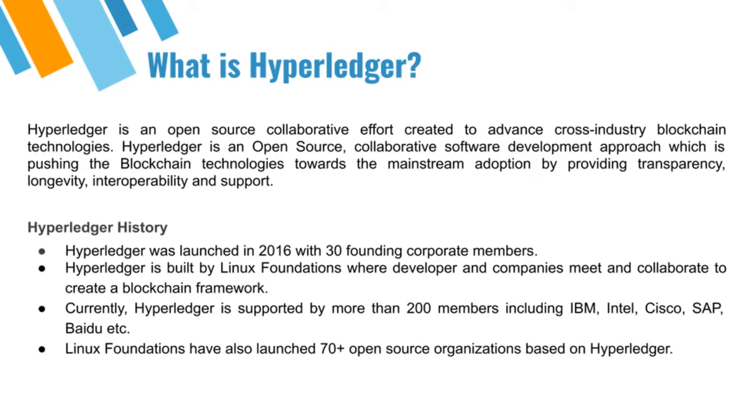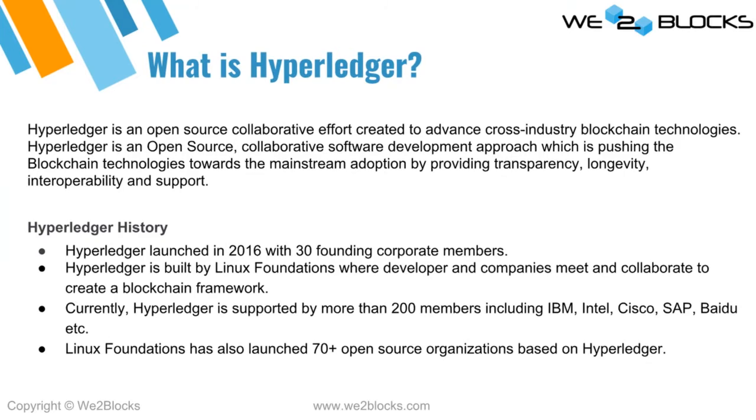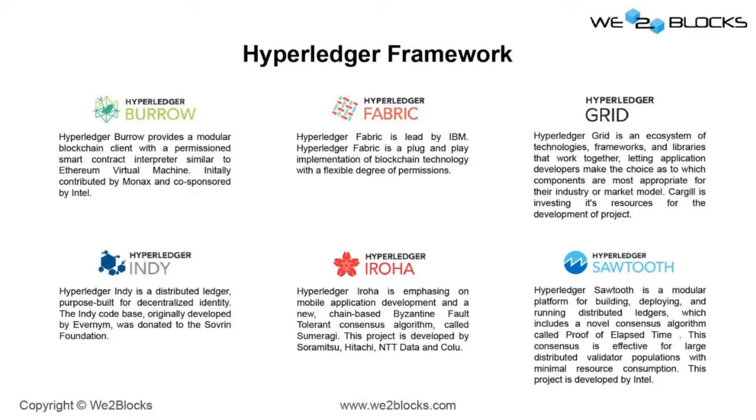Currently, the Linux Foundation has also launched 70 plus open source organizations based on Hyperledger. They are continuously growing and keep on increasing the different suites and projects which they can bring to the table. The Hyperledger suite is divided into two subcategories.